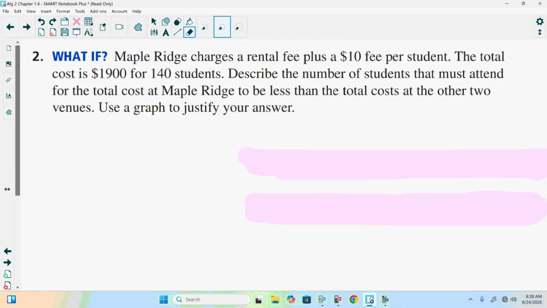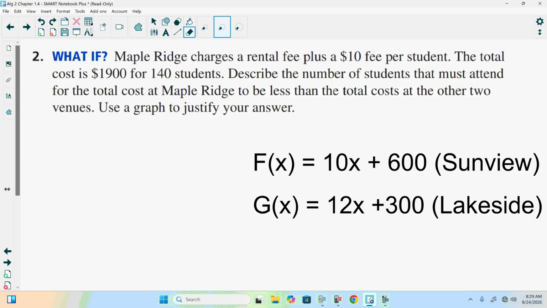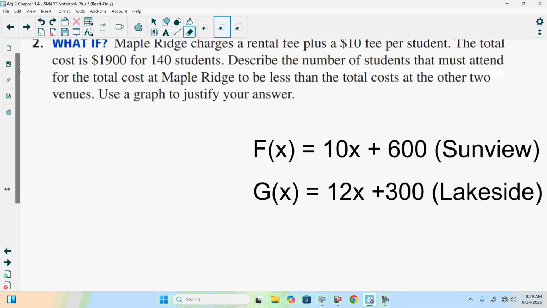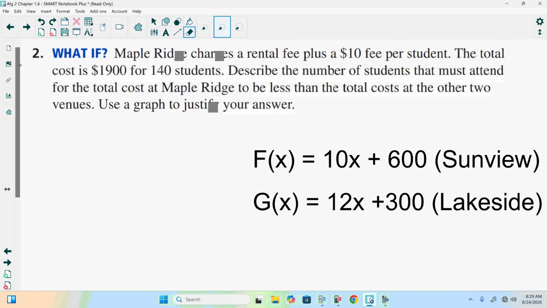What if Maple Ridge charges a rental fee of $10 per student? The total cost is $1,900 for 140 students. Describe the number of students who must attend for the total cost of Maple Ridge to be less than the total cost at the other two venues. Well, we have these two here.